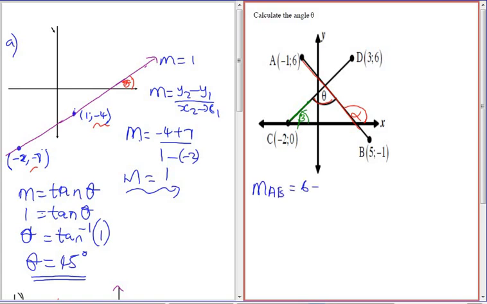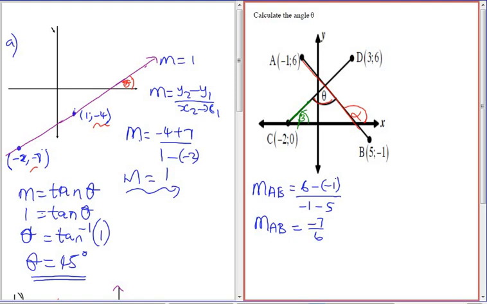6 minus 1 divided by -1 minus 5. So the gradient of AB should be very simple to see now. Use your calculator. You have your 7 and your -6 at the denominator. So as you can see, it is -7/6.